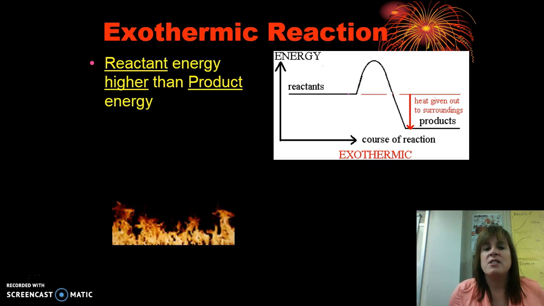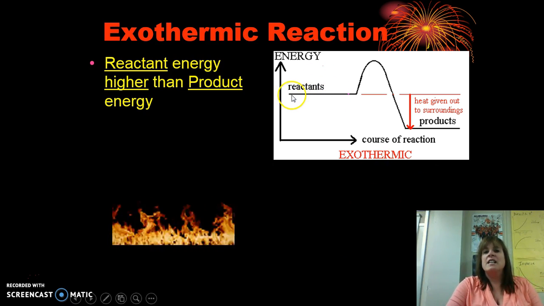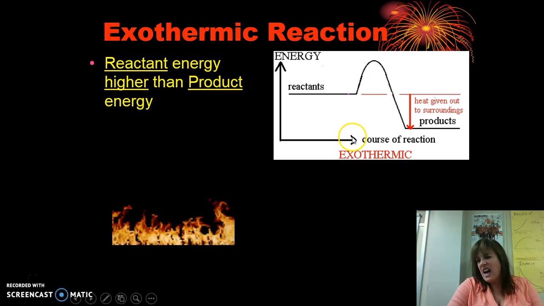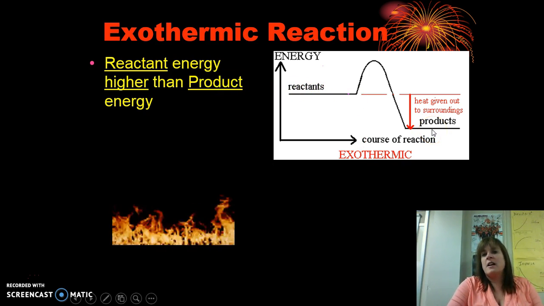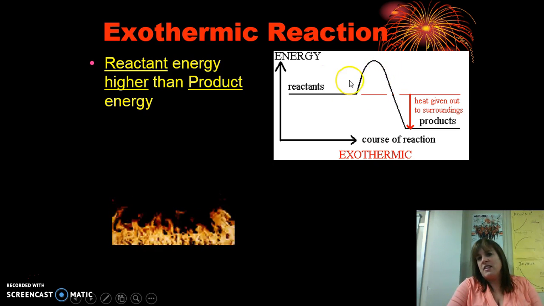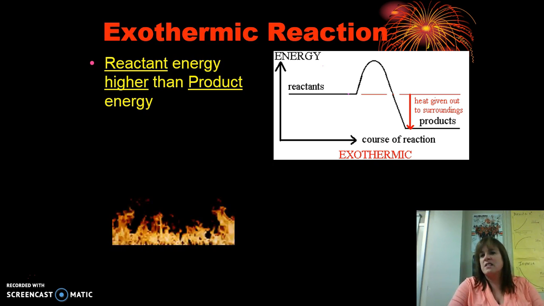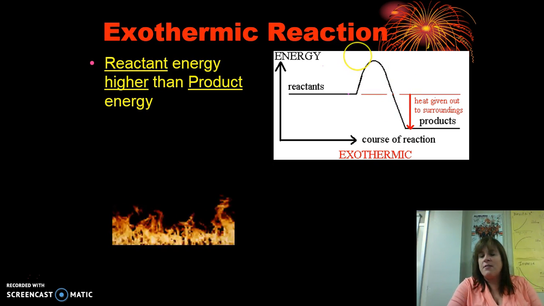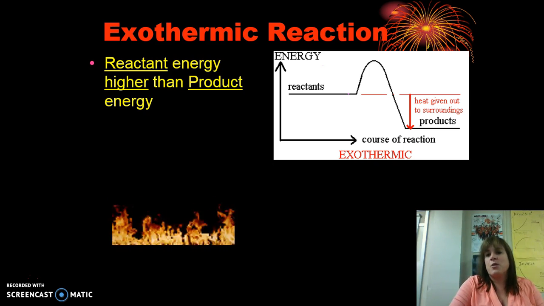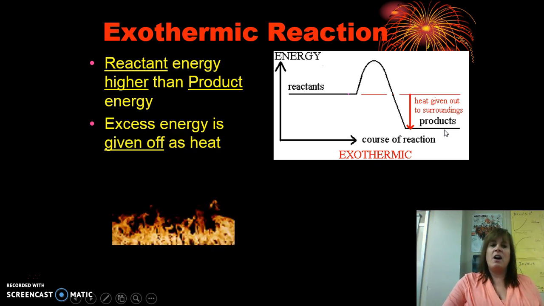Now let's talk about exothermic reactions. In an exothermic reaction, the reactant energy is higher. This is a graph of energy versus time. And our reactants have higher energy than our products. Now, you don't need to know much about this yet. That's the activation energy. And when we talk about kinetics and reaction rates, we'll talk more about that. But what you should know is that you should be able to look at this graph and say, oh, reactant energy is higher than product energy, so this must be an exothermic reaction. Because if the products have less energy, they have to give that heat out.